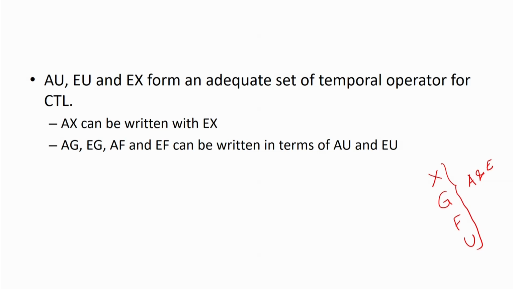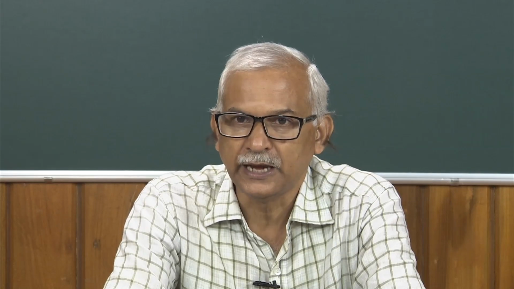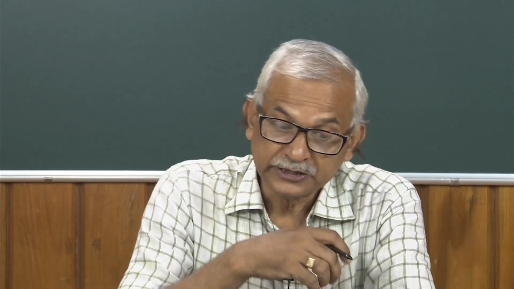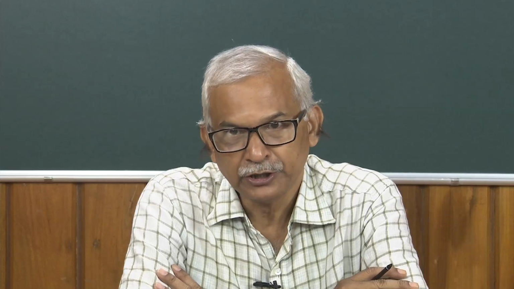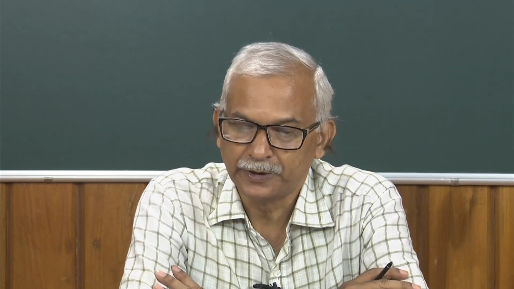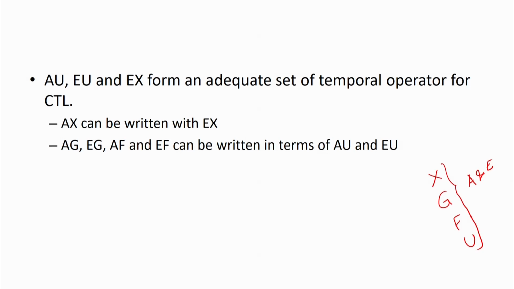So, altogether we are going to get 8 temporal operators in CTL, but out of these 8, we can say that 3 temporal operators are adequate to express the other operators. So, here we are going to consider one particular case. It says that AU, EU and EX form an adequate set of temporal operators for CTL, because we know that AX can be written in terms of EX, already we have seen, and AG, EG, AF and EF can be written in terms of AU and EU.